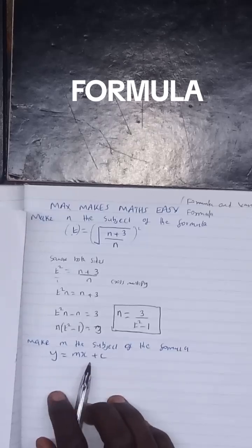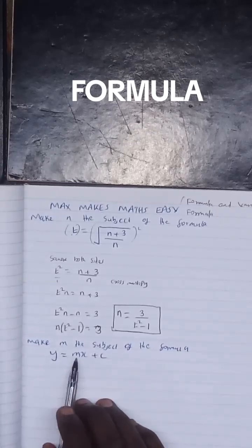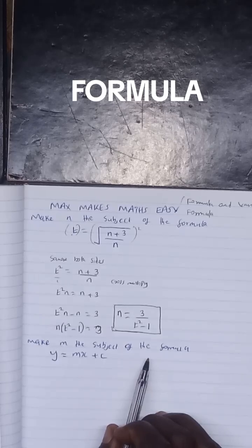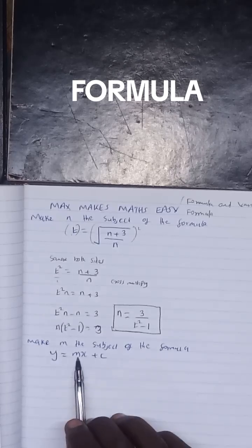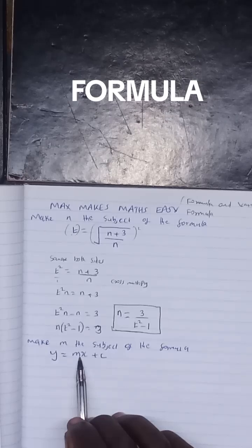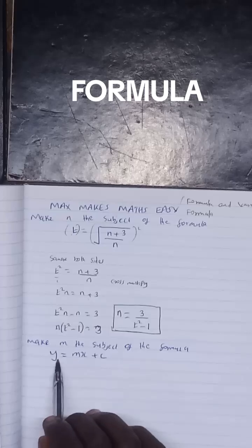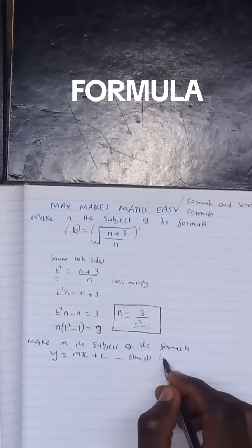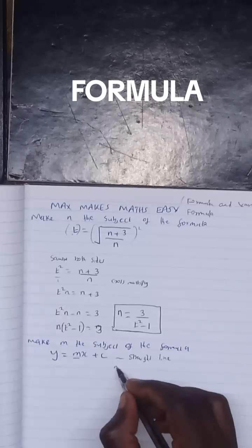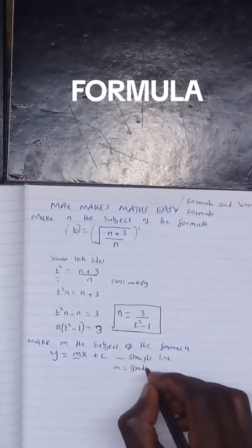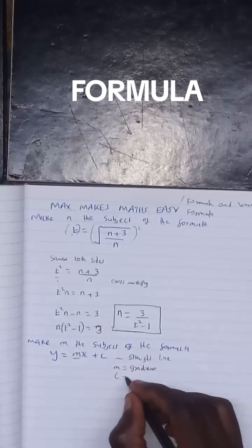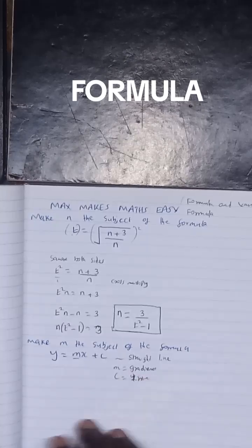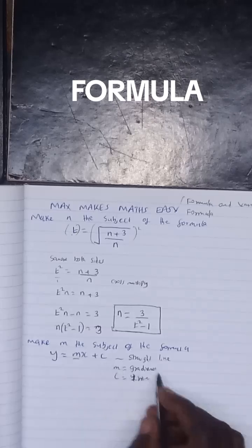Remember, here in the second question it reads y is equals to mx plus c, and we are told to make m the subject of the formula. If you can remember well in your linear equations, this is the equation of a straight line where m is equals to the gradient, and c is equals to the intercept.